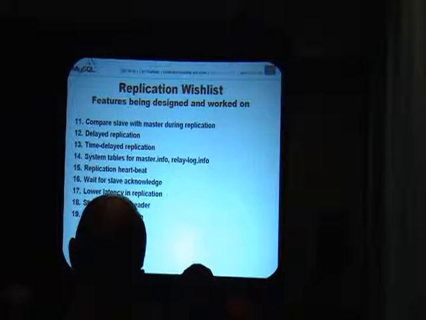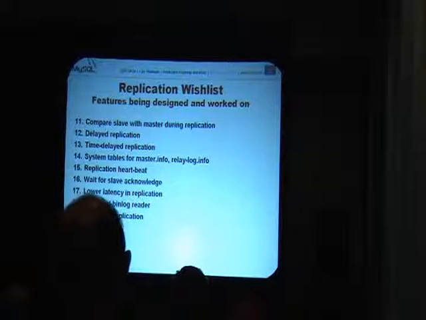Replication heartbeating. This will be used both to check that the replication is going, and also it will give a better precision in the time behind master. You will know more accurately that this is correct. So, two things.